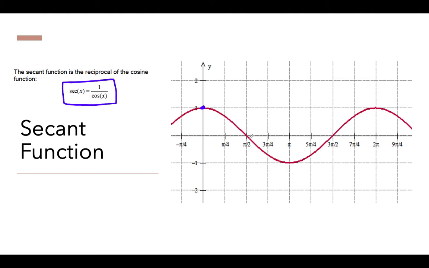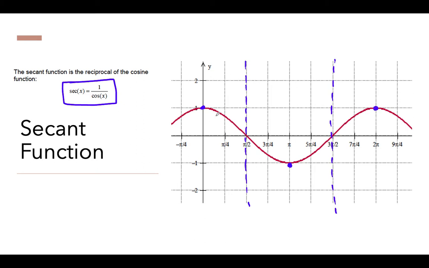And then keep in mind all the x-intercepts, which is 0. If I were to reciprocate that, it's going to be undefined. So at every x-intercept, we have a vertical asymptote. And then all the maximum and minimum positions are exactly the same.